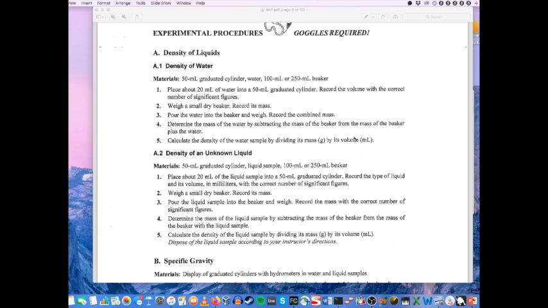I will leave that to you for the report. So I will provide a Google Sheet with the data, and I will ask you to calculate the various densities and specific gravities that the questions ask for. And we'll discuss that afterward.